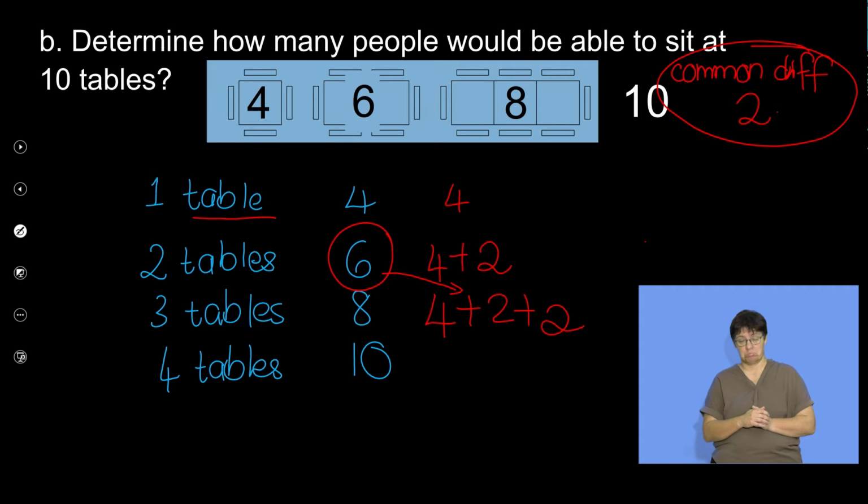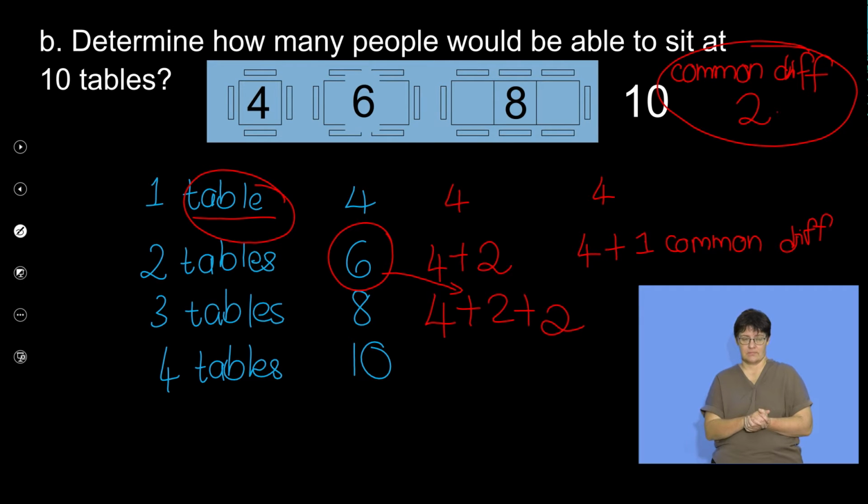So if I'm trying to express my number of tables in terms of the number of students that will be seated, here I can see that I had 4 people. At 2 tables, I had 4 people plus my 1 common difference. And then for the next one, I've got 4 people plus 2 common differences.